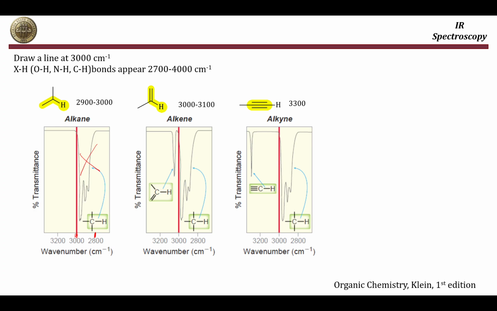The second important peak, which we talked about before, after drawing this line at 3000, is that if you have a short peak at 3100s, this is telling you that there is a double bond and there's a hydrogen at this double bond. And if there is a little bit longer peak at around 3300s, this tells you that there is a triple bond and there is a hydrogen at this triple bond.